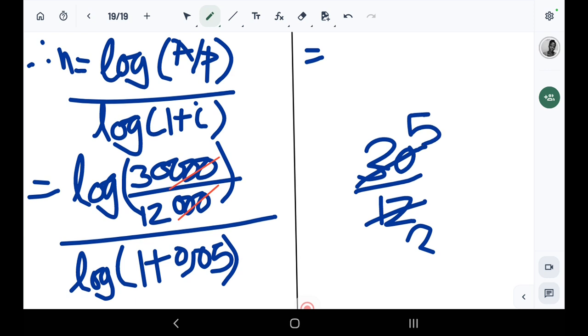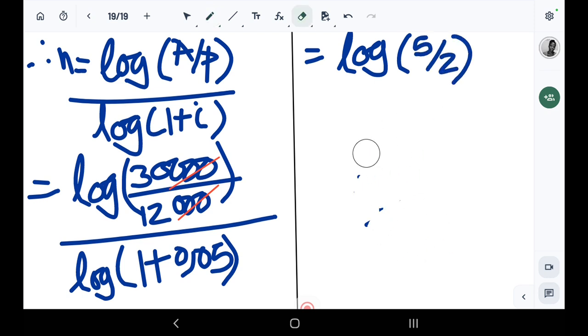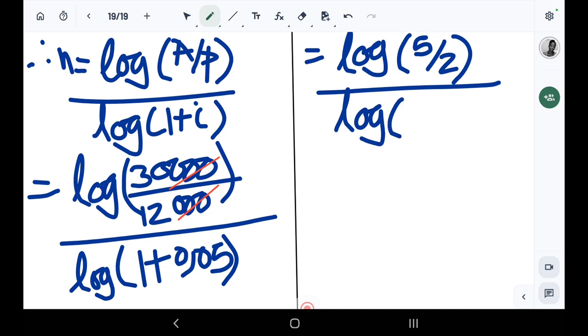So that becomes 5 over 2. That is the log of 5 over 2, all over the log of 1,09.